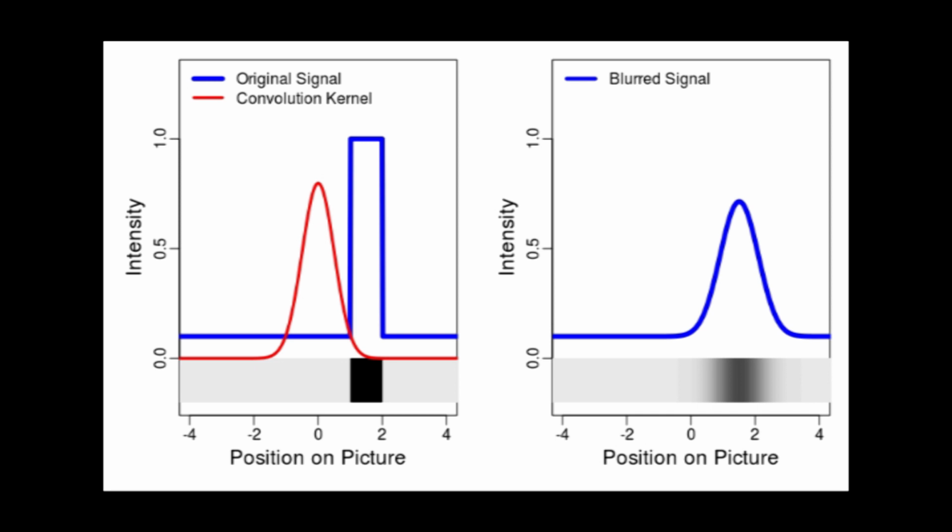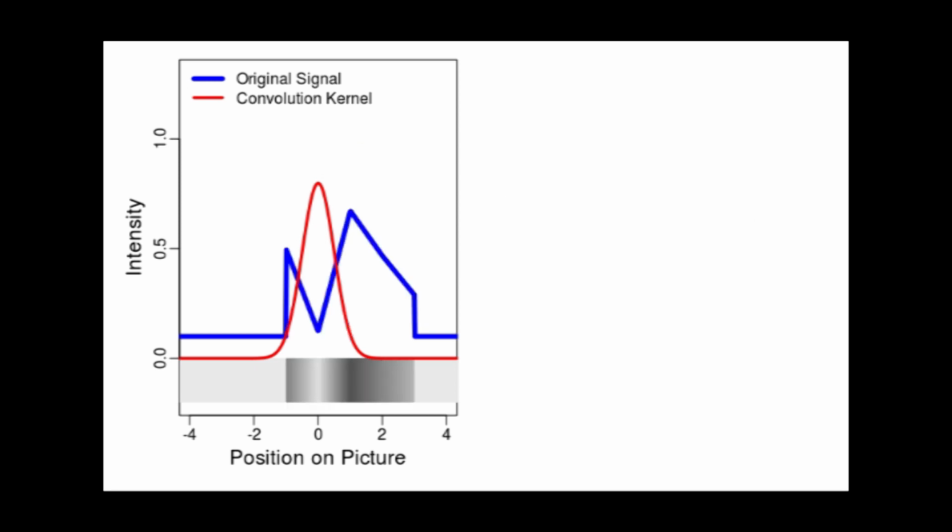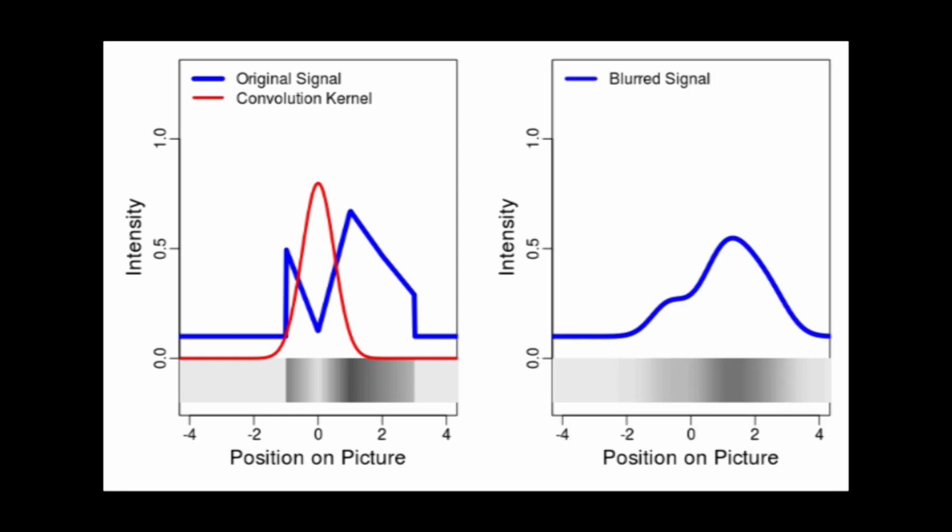Of course, this also works for a much more complicated picture. This is a function I generated with a random number generator, and it is also being nicely smoothed by the convolution kernel.